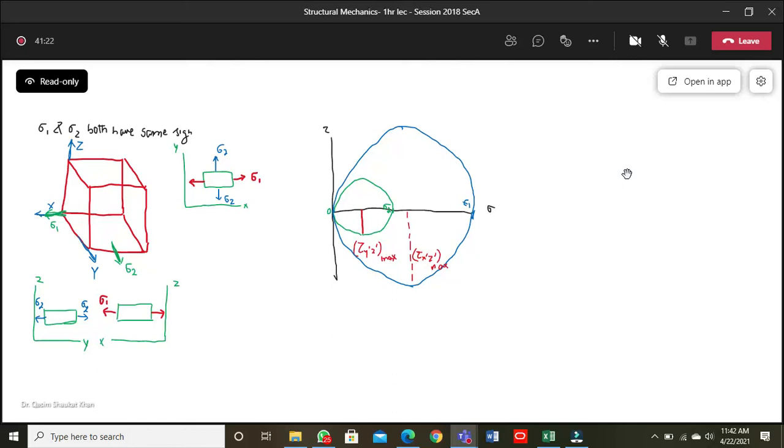Now the third case, in which you have both x and y axis, sigma 1 and sigma 2.